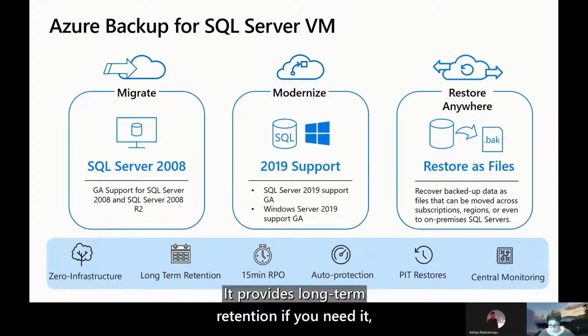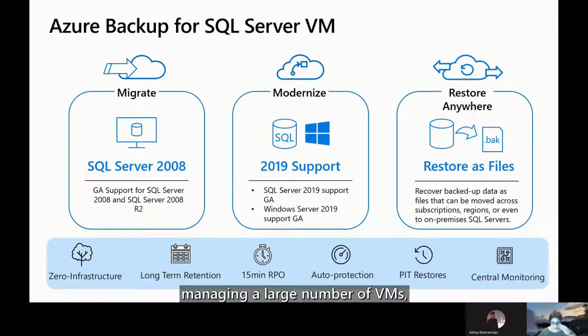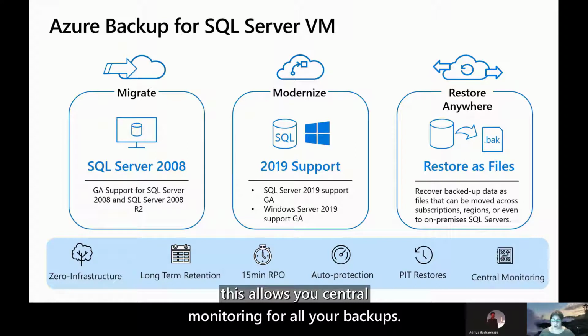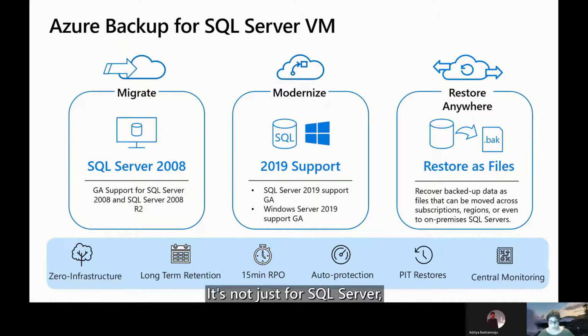It provides long-term retention if you need it, 15-minute RPO, point-in-time restores. The other cool thing about this is if you're managing a large number of VMs, this allows you central monitoring for all your backups. And it's not just for SQL Server. There are other products that Azure Backup supports. So you can back up your entire Azure VM estate using Azure Backup and then just have a single management plane for all of that.